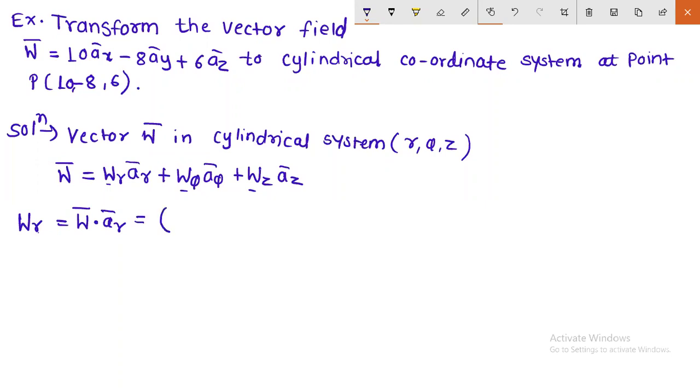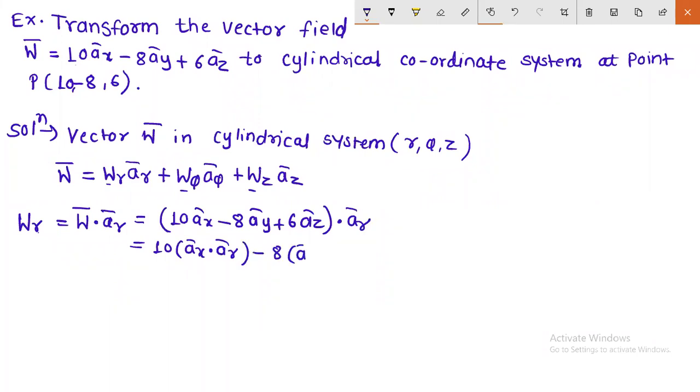It is equal to, now vector w bar in Cartesian is given as 10 a bar x minus 8 a bar y plus 6 a bar z, dot unit vector a bar r, right? So it is equal to 10 into bracket a bar x dot a bar r, minus 8 into bracket a bar y dot a bar r, and plus 6 into bracket a bar z dot a bar r.